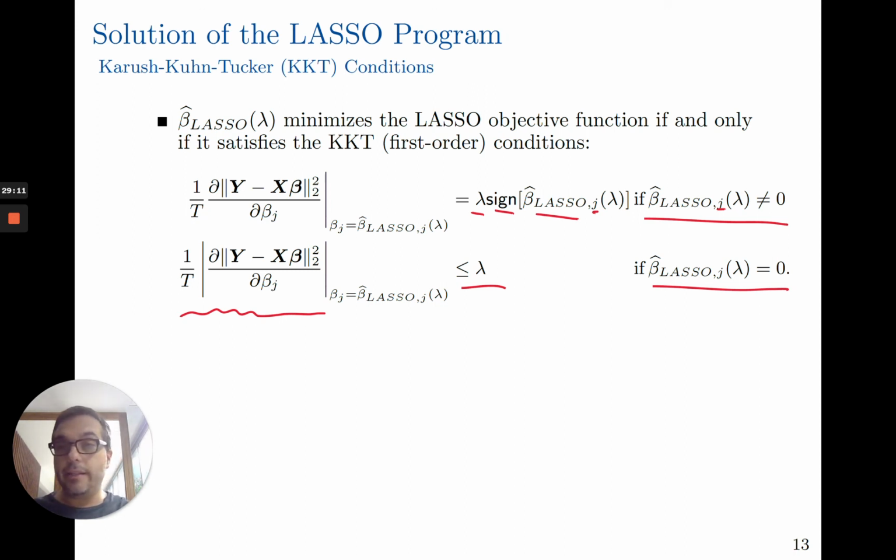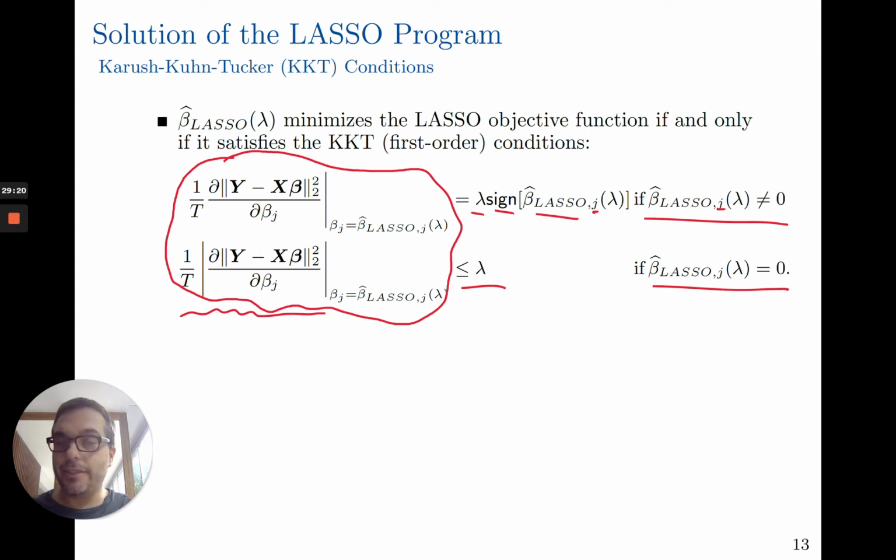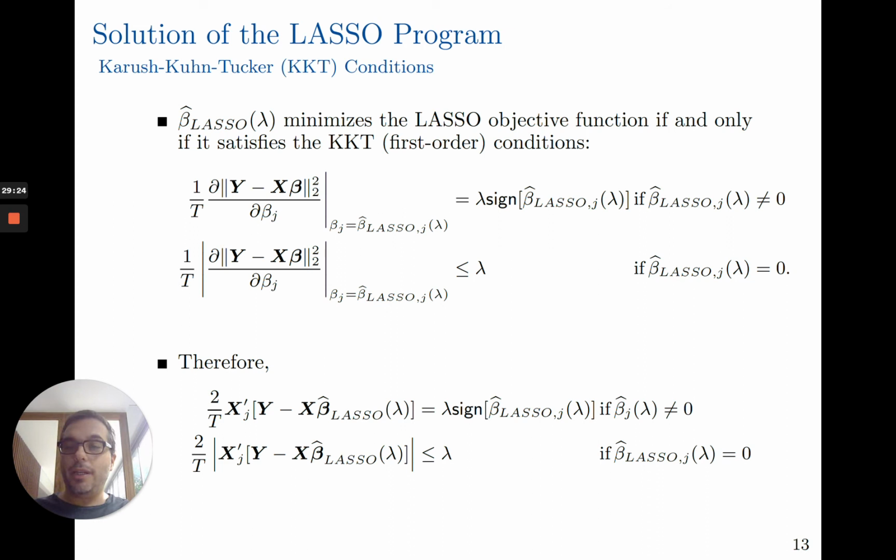So we can compute the left hand side of these two equations, and what we have by the end of the day is that the first order conditions will imply two conditions. Let's start with the second one here.